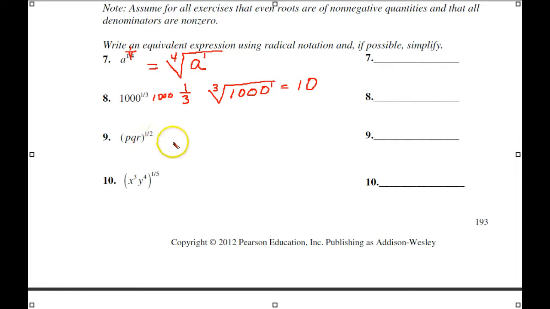Now this is going to be, again, 1/2. So the radical sign, our base is P, Q, R. That's all to the first power, so we don't have to really write that. And our denominator here is our index number, a 2, and we don't write that.